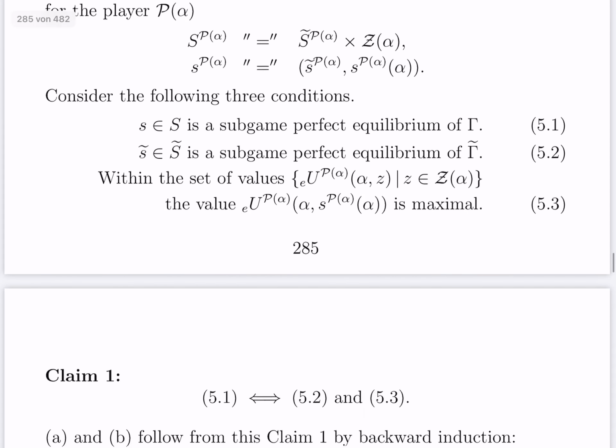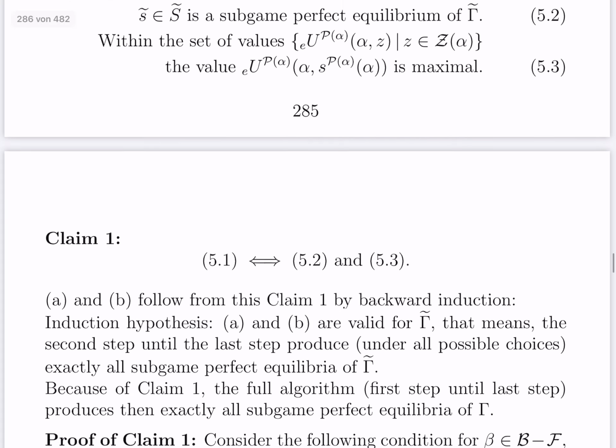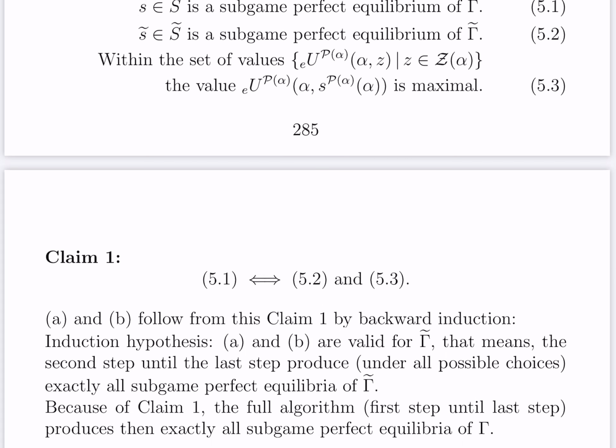So now I have a precise claim. I claim that condition 5.1 is equivalent to conditions 5.2 and 5.3. So I claim that condition 5.1 holds for a strategy combination s if and only if the restricted strategy combination s tilde satisfies 5.2 and the move s_P(alpha) after the play alpha satisfies property 5.3.